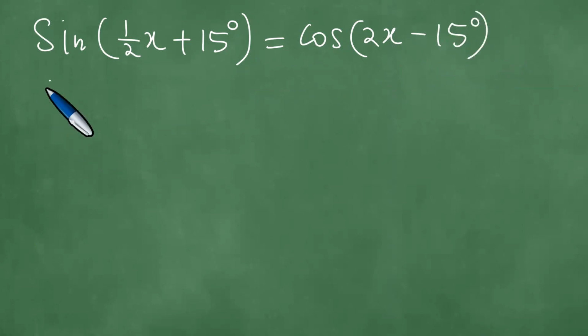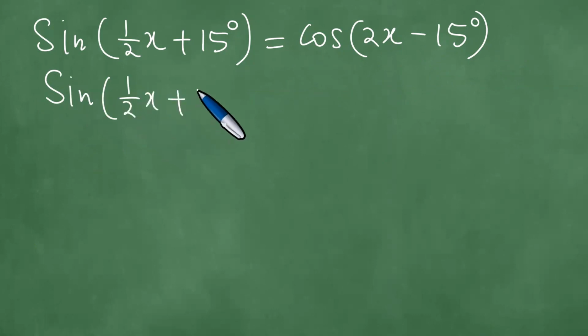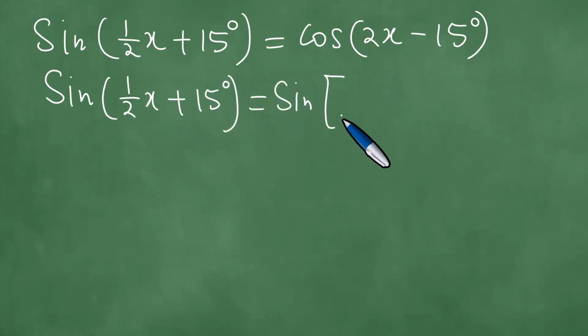And this is the sine of 90 degrees minus twice x minus 15 degrees.